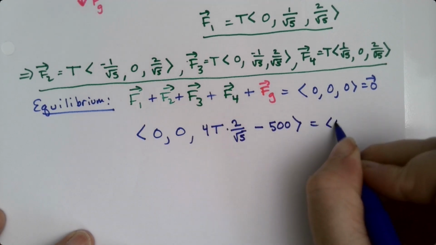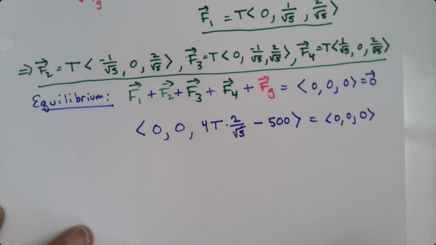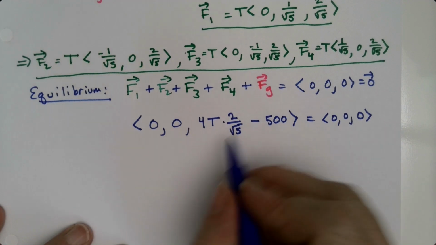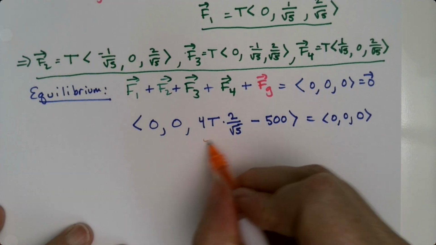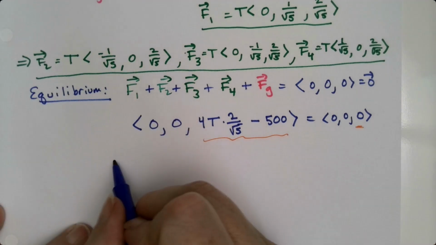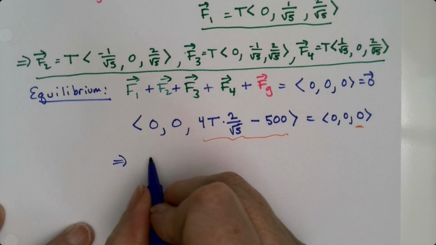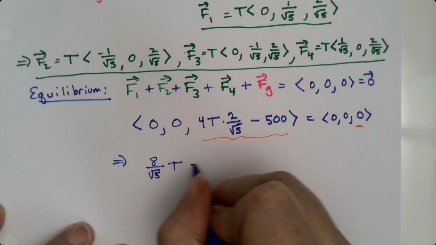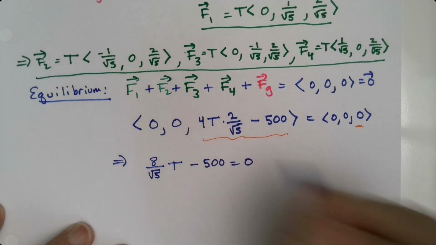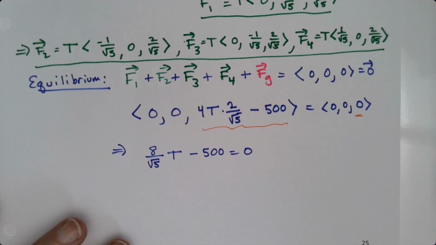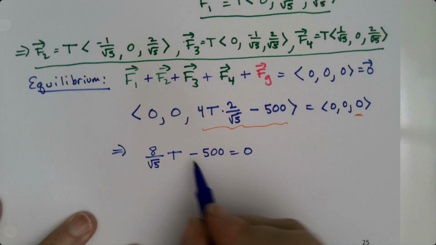And that has to be equal to the 0 vector. Okay, so that means that this piece must be equal to 0. So 8 over the square root of 5 times t minus 500 equals 0. I'm just multiplying 4 times 2 there. And then we bring the 500 over.